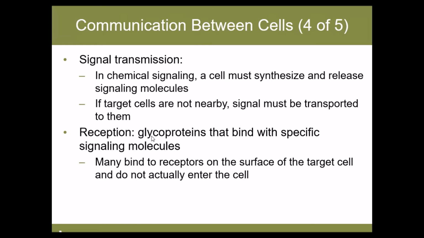This is just a type of molecule which is mostly protein, but it does have a carbohydrate attached to it. And so the important thing about these receptors is that they have the ability to bind specifically with whatever signaling molecule you're talking about. It's like a lock and key type scenario where that receptor has to bind specifically to the signal molecule, otherwise there's no reaction.